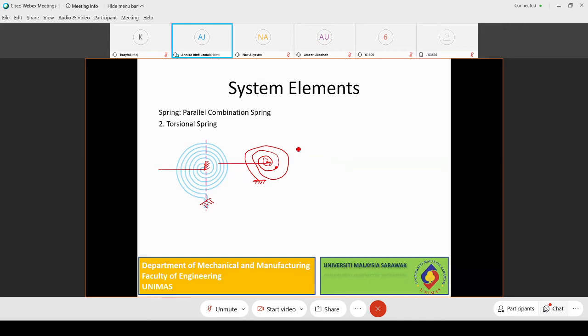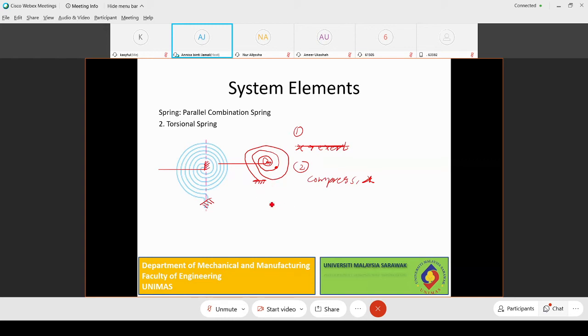One spring will extend by X value, and the second spring will compress by the same X value. One extends, one compresses, so both springs experience the same X value movement.